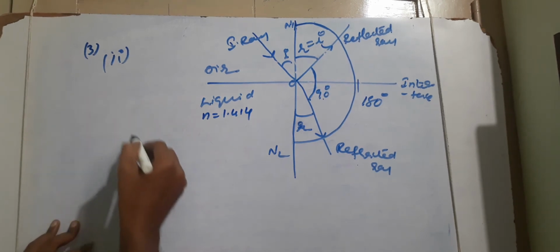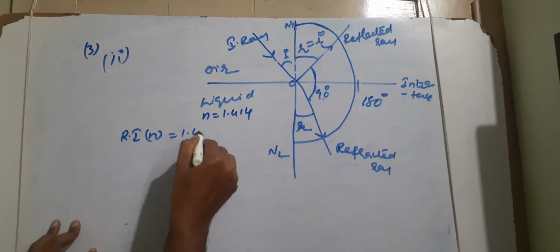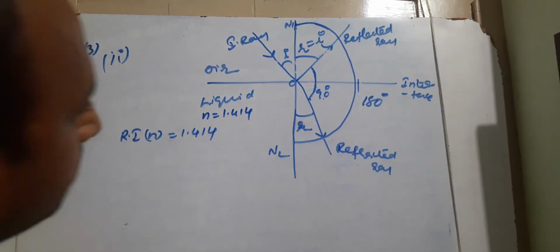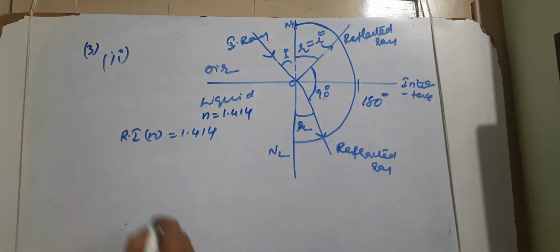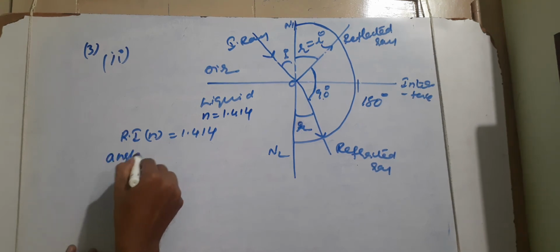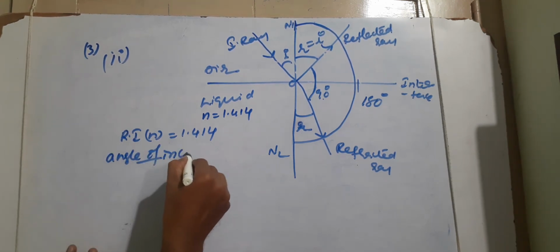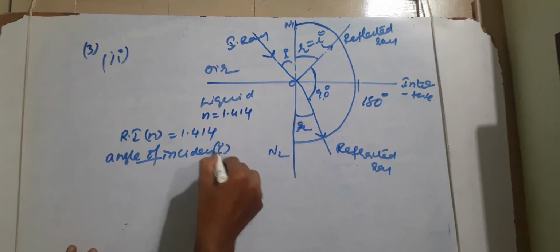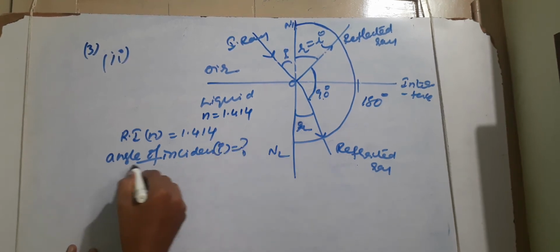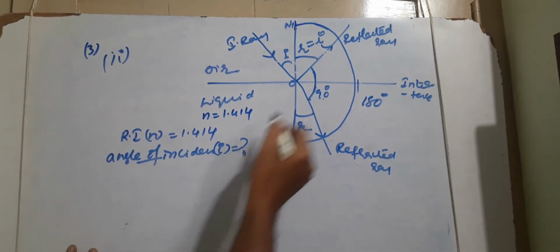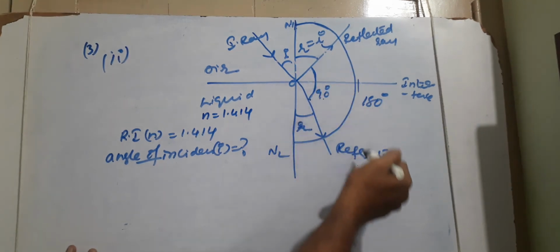Solution in the second case: the refractive index n value is already given as 1.414. Now we want to find the angle of incidence I, to produce 90 degrees between the reflected ray and the refracted ray.